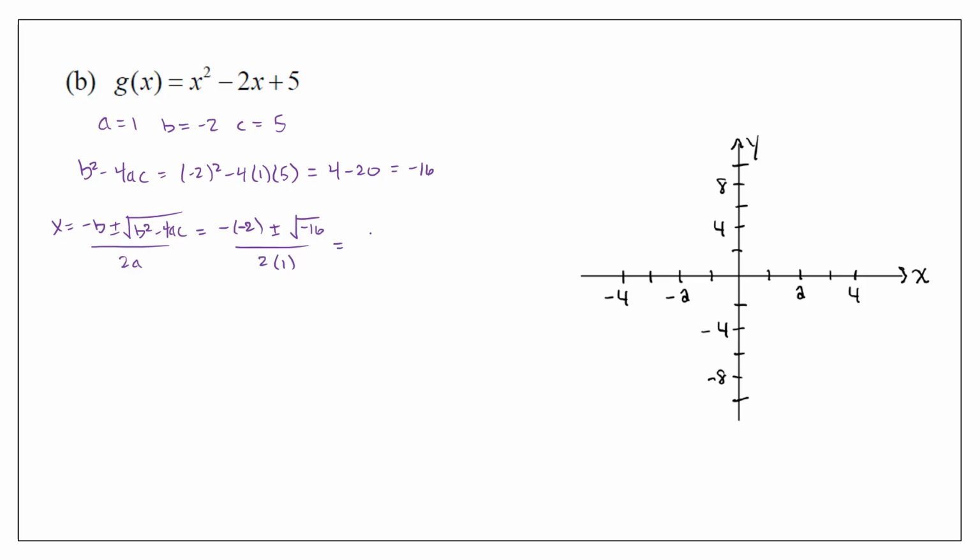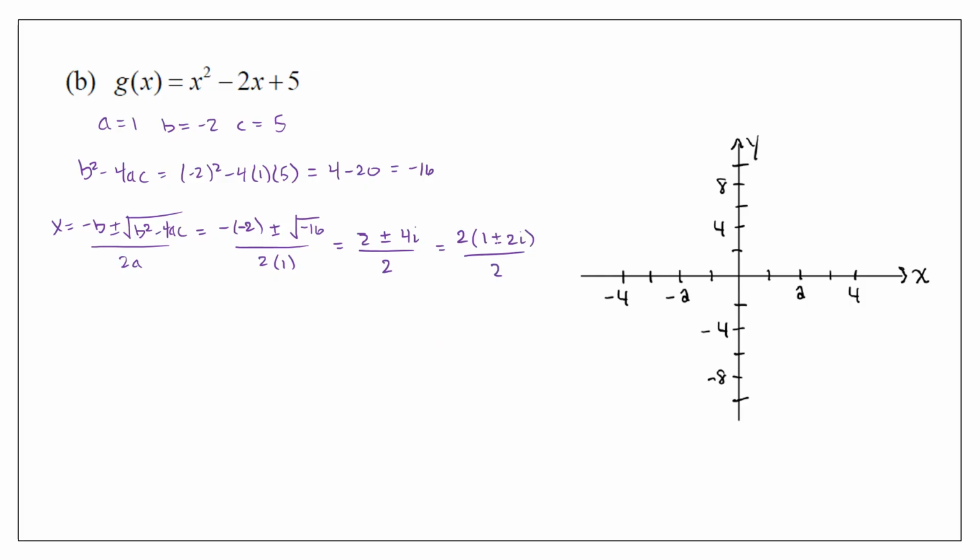This will simplify to positive 2 actually, because a negative times a negative is a positive. Plus or minus the square root of 16 is 4. And since it's a negative, we're going to add i, divided by 2. I can factor out a 2 in the numerator. If I factor out a 2, I'm dividing each term by 2. So 2 divided by 2 is 1, plus or minus 2i divided by 2.